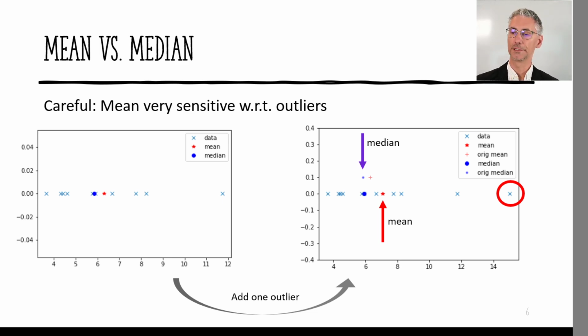And now that we have added the outlier, we can see that the median doesn't shift so much, but the mean does. So the mean is very sensitive to the, shall we say, the variance or the width of our data set. The more outliers we have, the more unstable the mean becomes. So this is where we need to be very careful in how we describe our data set.